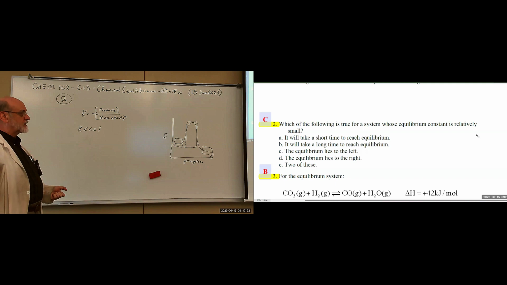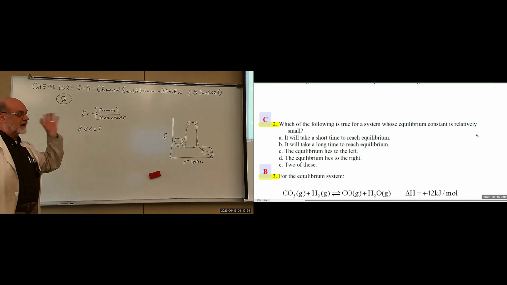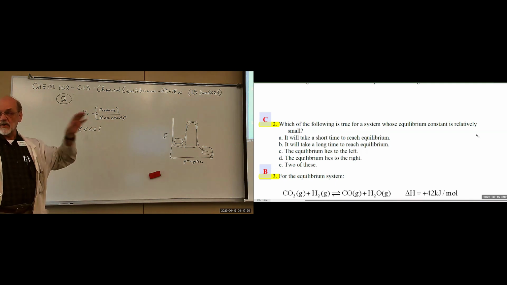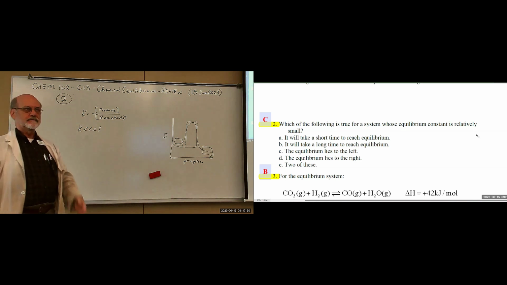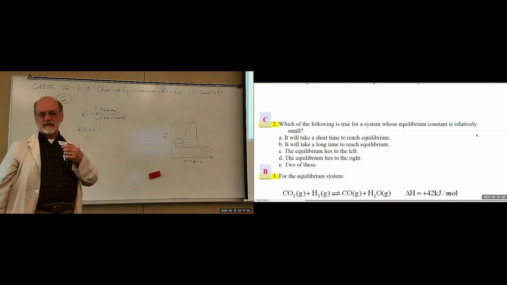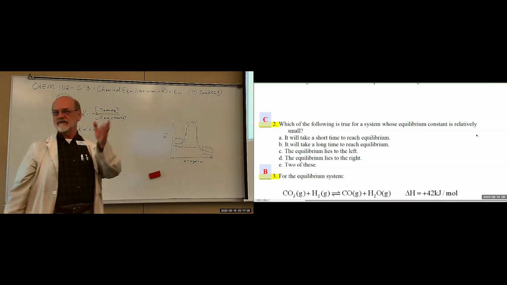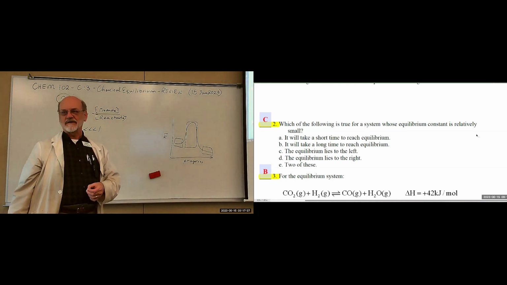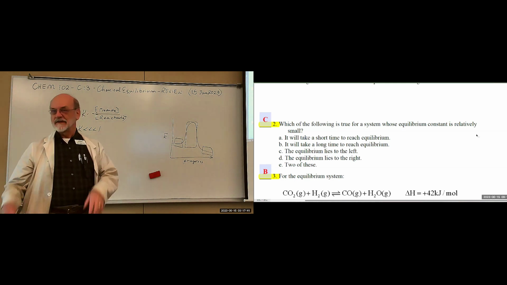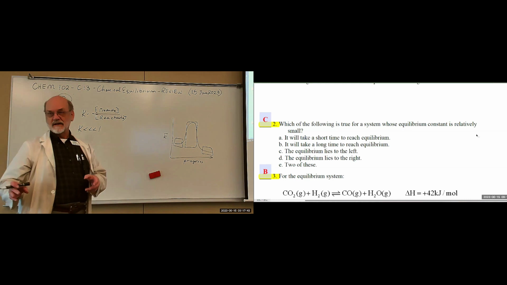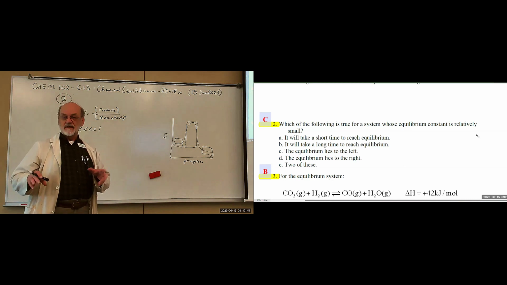So A, you cannot deduce A from that statement. It'll take a long time to reach equilibrium. No, short time, long time, A and B are false. There's no way that they can say anything about that. For instance, diamond. We think of diamond as forever. Right? When you've got a diamond, it's going to be there. It's stable, chemically stable. It's not. In terms of equilibrium, diamond is very unstable.